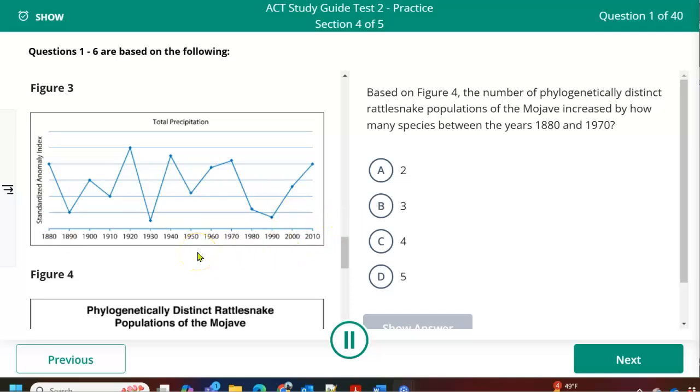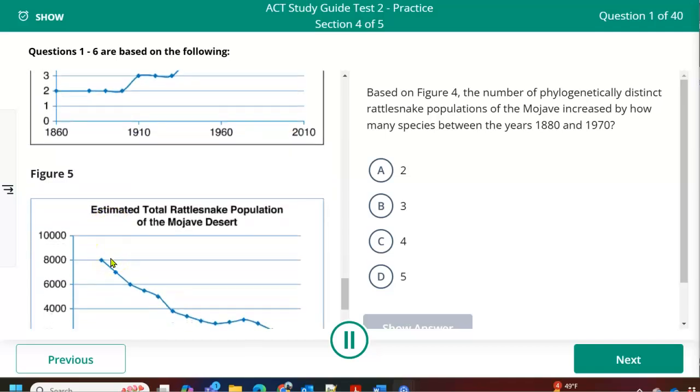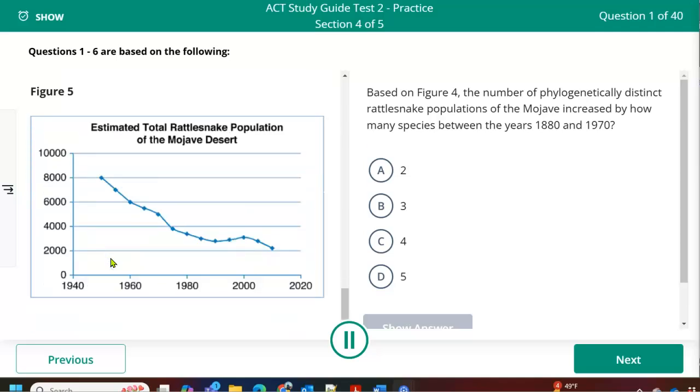The thing that jumps out at me here is that it is all over the place. There's no consistent pattern to that. Phylogenetically distinct rattlesnake populations. I think we already covered that there are now 7. As of 1860, there were 2. And finally, the estimated total rattlesnake population, which seems to be dropping off pretty dramatically.